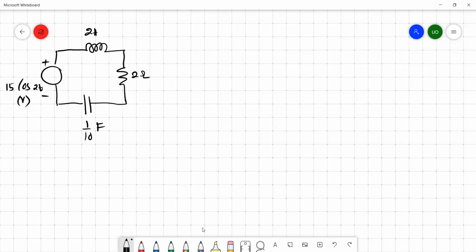So how do you get these expressions? If you apply Kirchhoff's voltage law, the voltage drop across this 2 ohm resistor is 2 times current i(t), plus the drop across this inductor, which would be L times di(t)/dt. This L is actually 2 Henry.